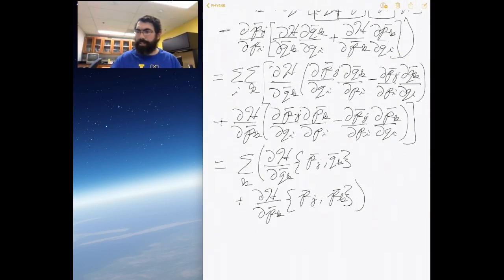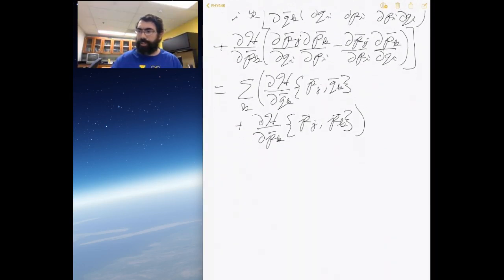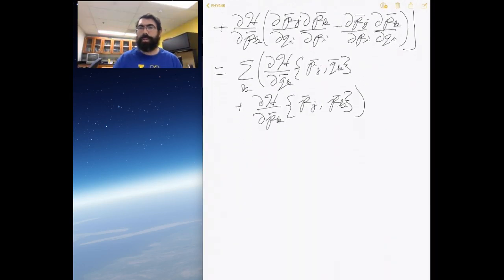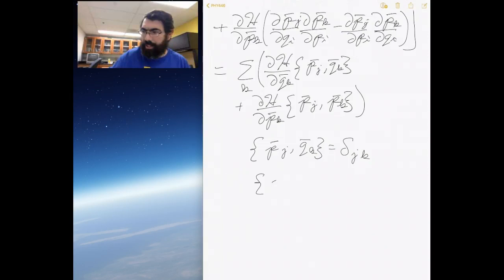Now what we want to do is use the identities of these Poisson brackets to clean things up. The Poisson bracket of P and Q is the Kronecker delta, and the Poisson bracket of the momentum with another component of momentum is 0.